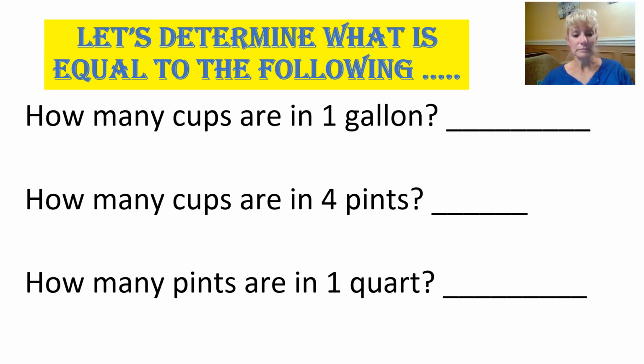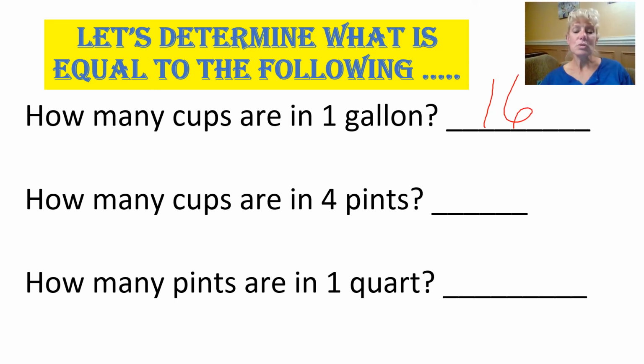All right, the next one. How many cups are in 1 gallon? I love this question. All right, because what I say is 1, 2, 3, 4, 5, 6, 7, 8. Then I tap 9, 10, 11, 12, 13, 14, 15, 16. There are 16 cups in 1 gallon.